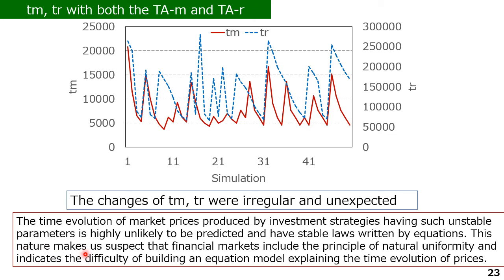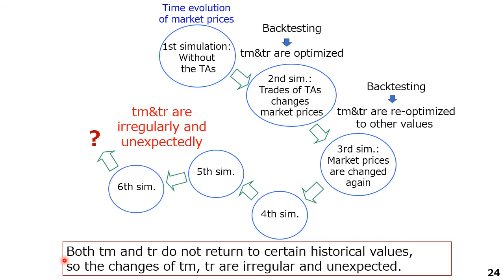This nature makes us suspect that financial markets include the principle of nature uniformity, and indicates the difficulty of building an equation model explaining the time evolution of market prices. Both TM and TR do not return to certain historical values, and the changes of TM and TR are irregular and unexpected, so it is a very chaotic situation.